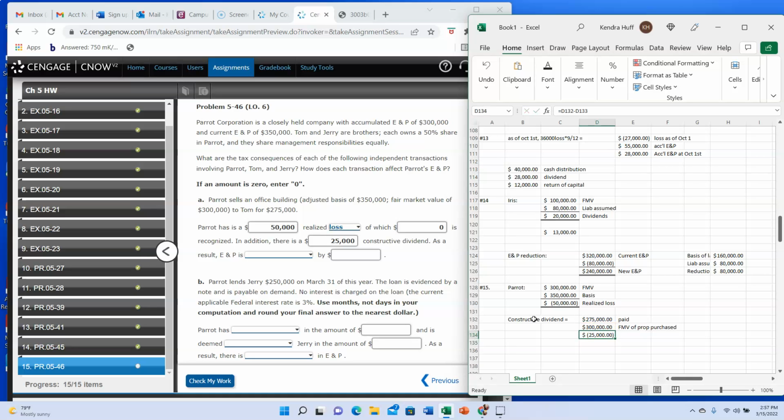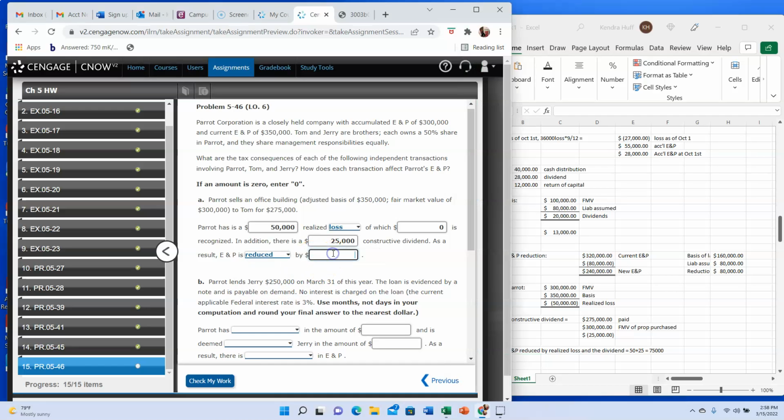He got it for $25,000 cheaper. So that's a constructive dividend. As a result, E&P is reduced by the realized loss and the dividend. So E&P is reduced by $75,000.